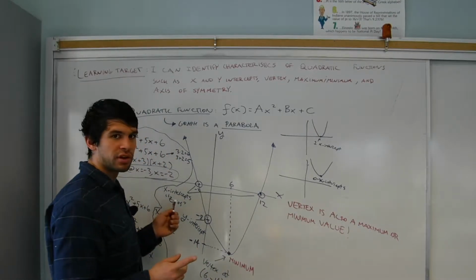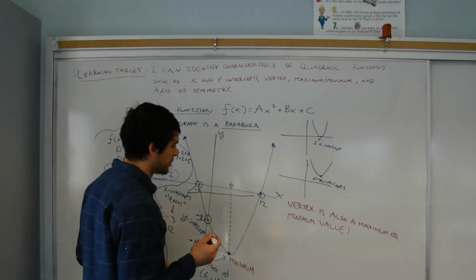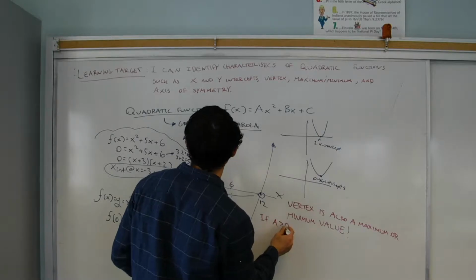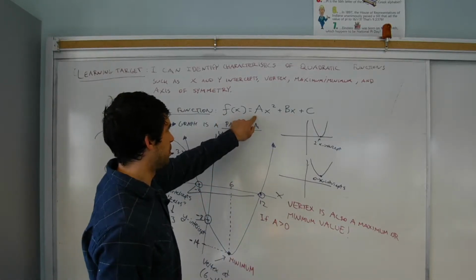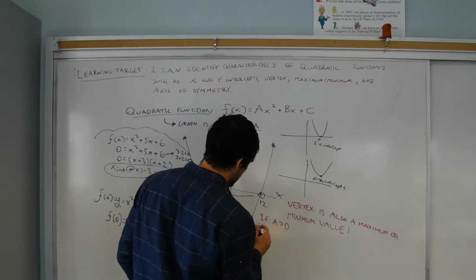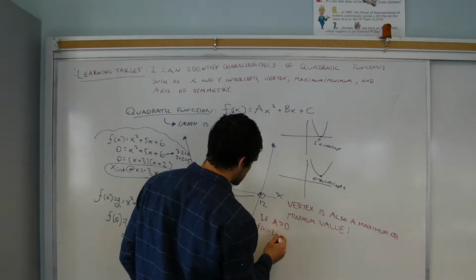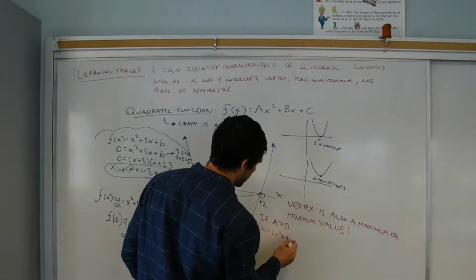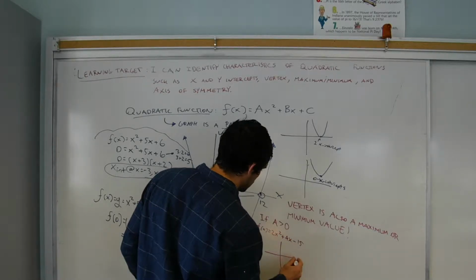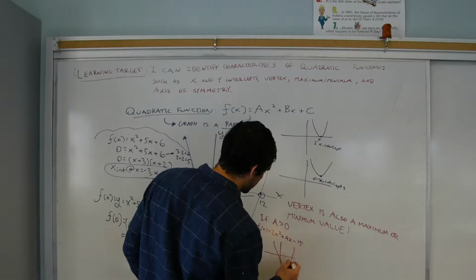So we have a rule here that we're going to come up with. If a is greater than 0 in our standard form, so say we have like f of x is equal to 2x squared plus 4x minus 15, then our vertex will be a minimum.